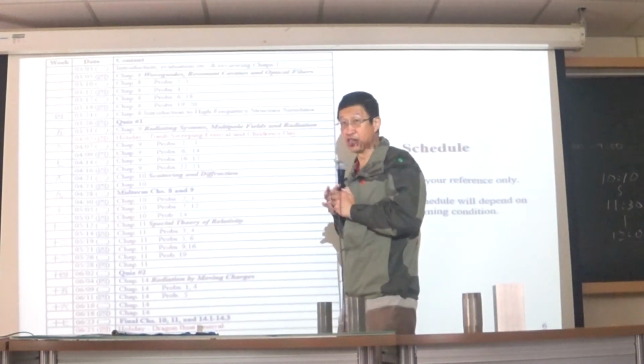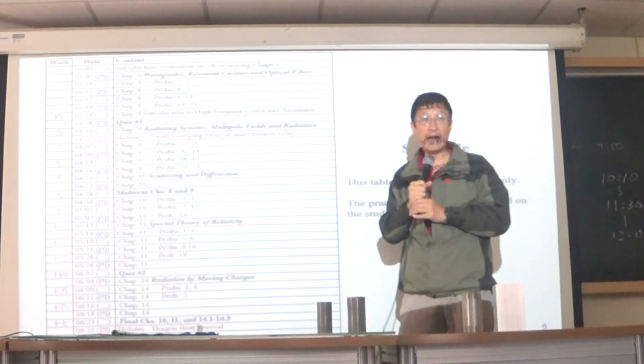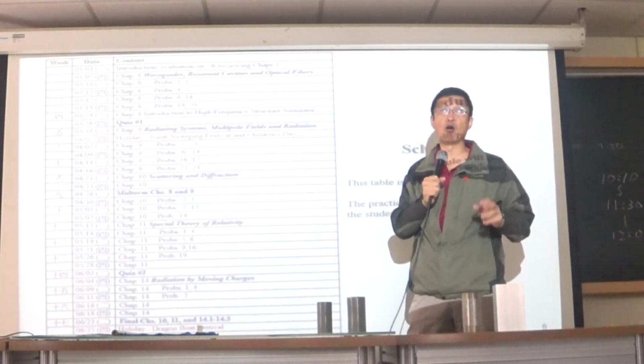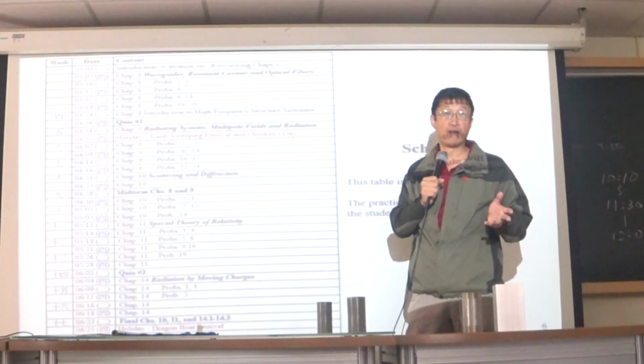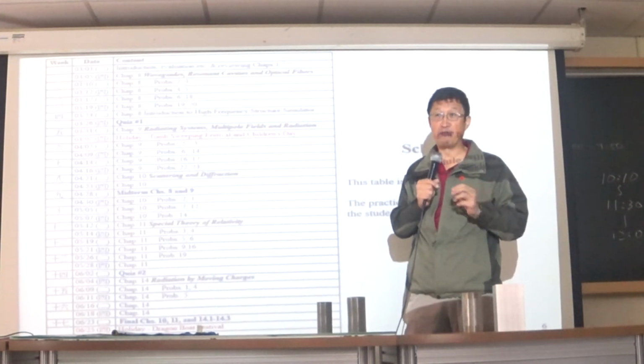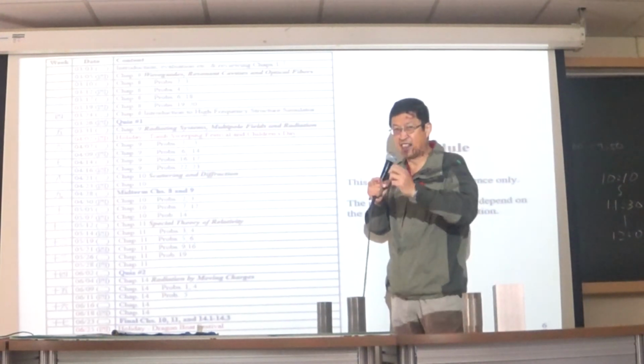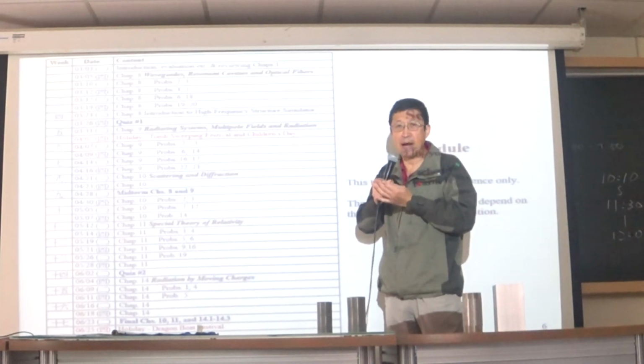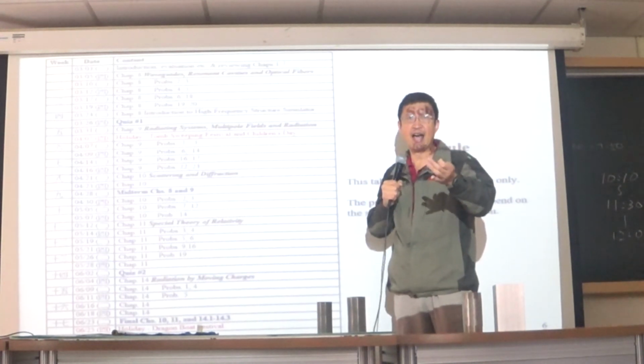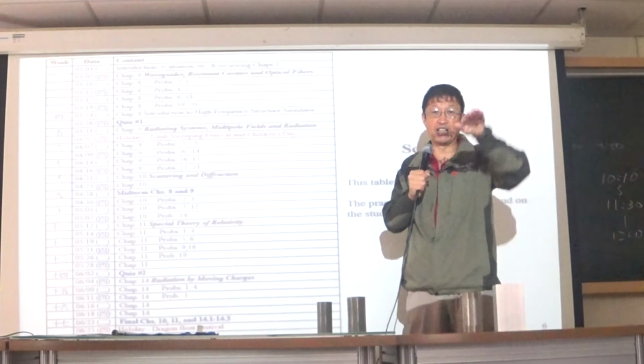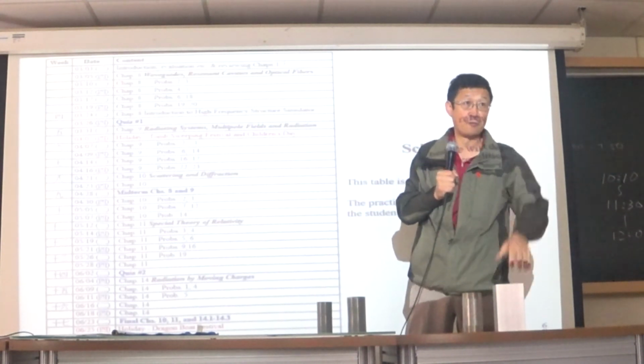Optical fiber is dielectric. Dielectric can be used as a waveguide. But it's optical fiber because it's very thin, just a few microns, very thin. And wave can propagate inside the fibers.